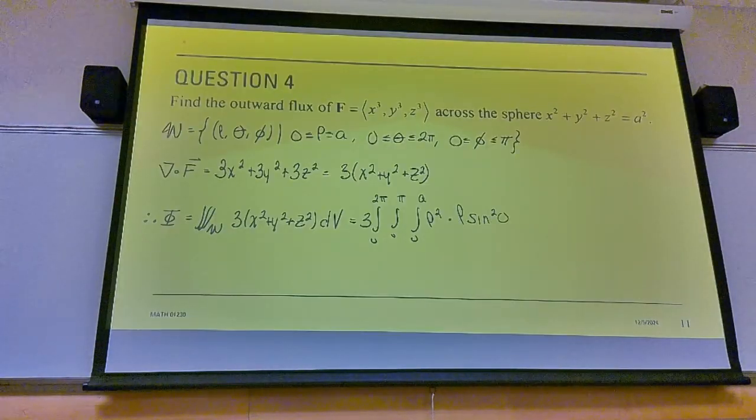Of course. Oh, we don't have a theta. Rho to the fourth, integral from 0 to a, gives a to the 5th over 5.